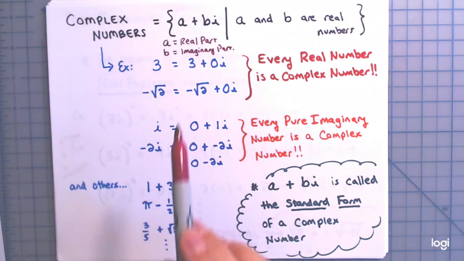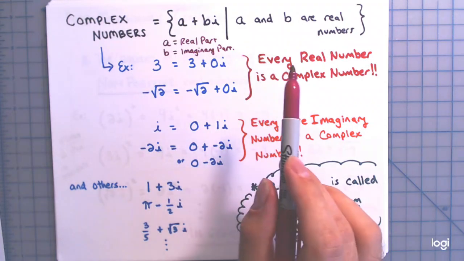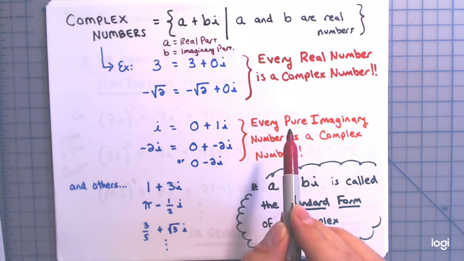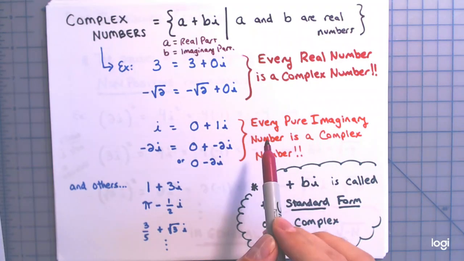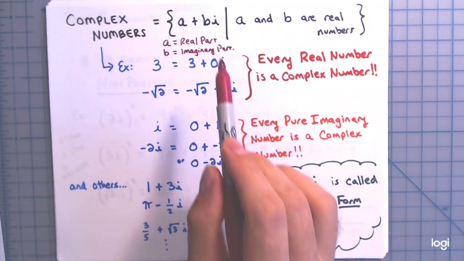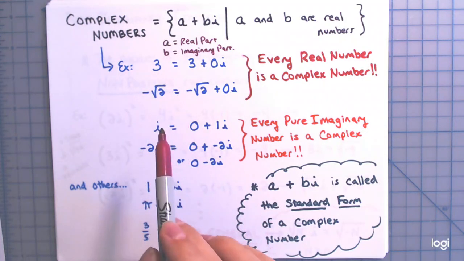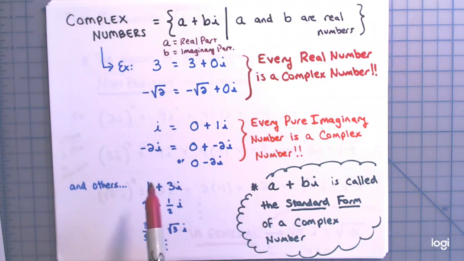It's complex. So not only is every real number a complex number, but every one of those pure imaginary numbers is also considered complex, can be written in that form. And of course there are plenty of others, right? So not just the reals and not just the pure imaginaries, but really any combination of the two. Like here's a real number plus a pure imaginary, 1 plus 3i.